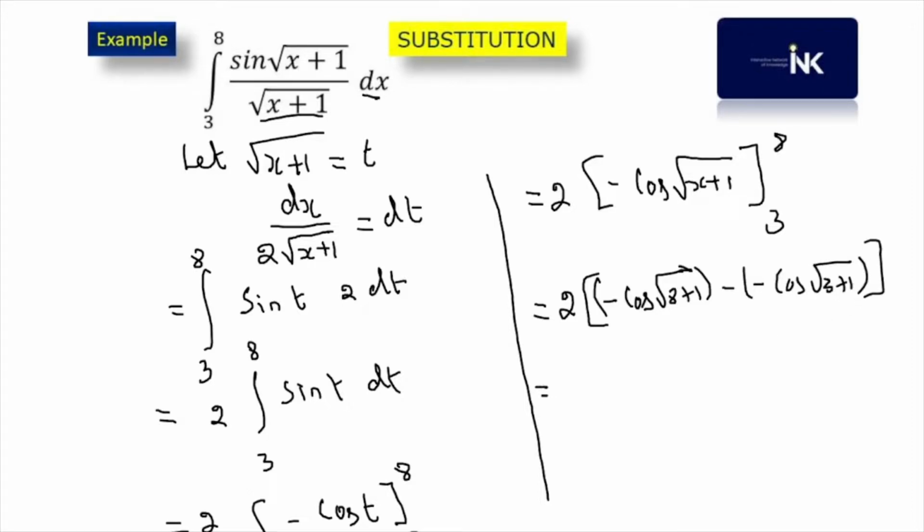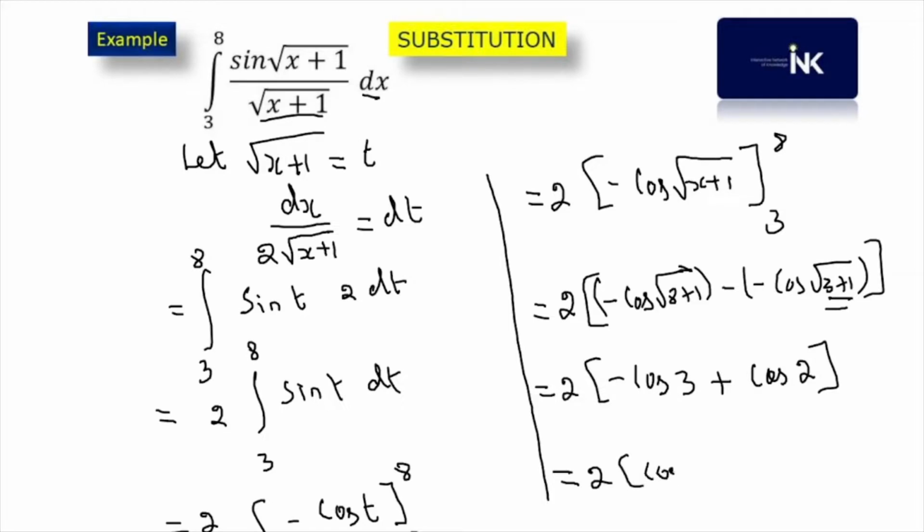So this will be equal to 2 times minus cos of 8 plus 1, which is 9, so root 9 is 3, minus cos 3, and minus into minus we can write as plus. 3 plus 1 is 4, under the root 4, which is 2, so cos 2. So this can also be written as 2 times cos 2 minus cos 3.